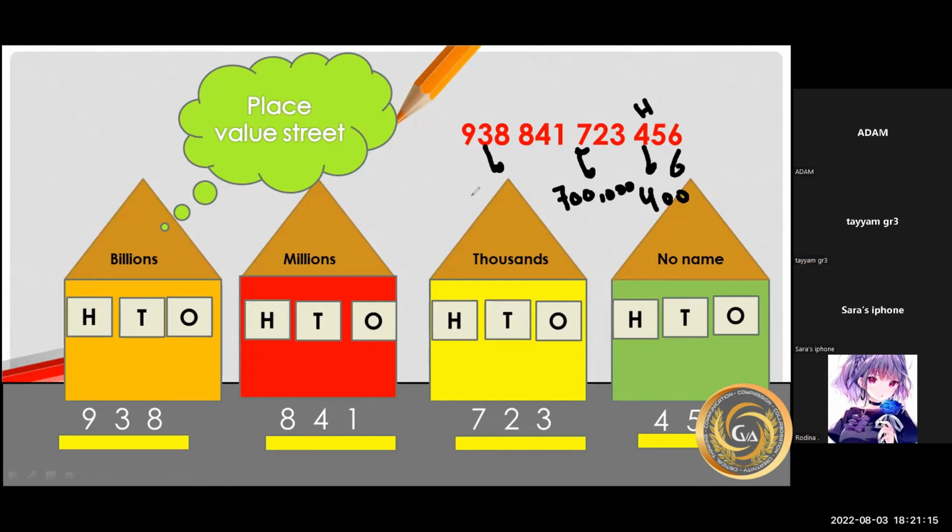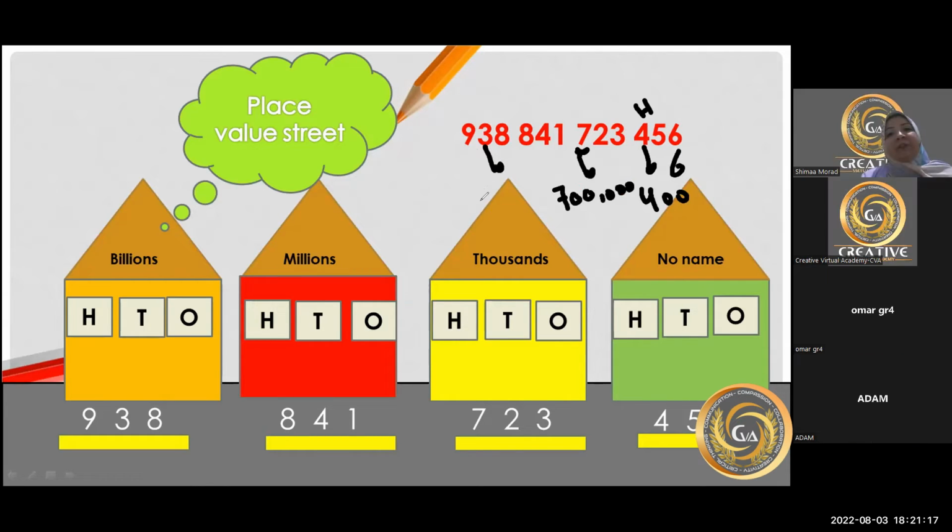What about the value of number 3? Now, if we forget how many zeros are in billions, what do I do now? Count: 1, 2, 3, 4, 5, 6, 7, 8, 9, 10.